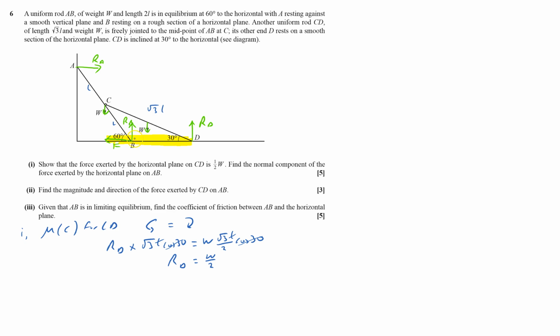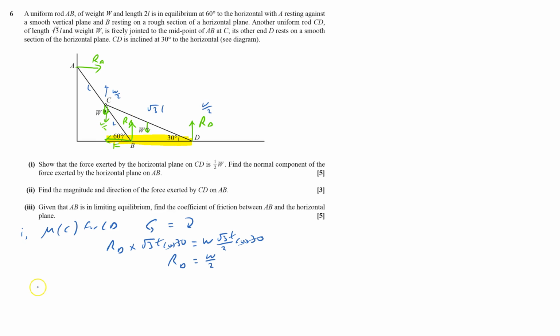Now find the normal component of the force exerted by the horizontal plane on AB. So we've got this one here being W over 2. We've got W coming down here, so there must be a force upwards on CD of W over 2, and therefore there'll be an equal and opposite force going down there of W over 2.